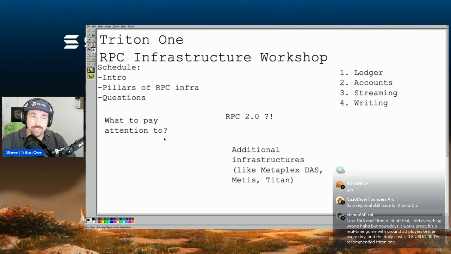Some other providers also create developer tools, like products in the Yellowstone Geyser suite, but they make them closed source.